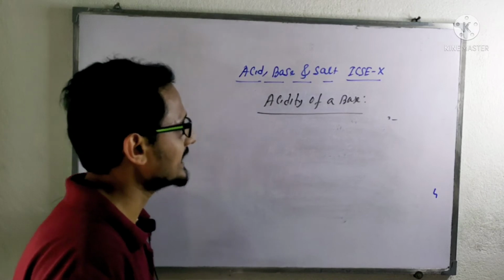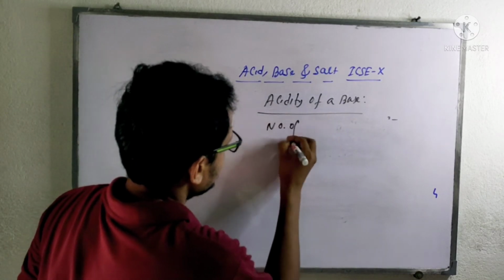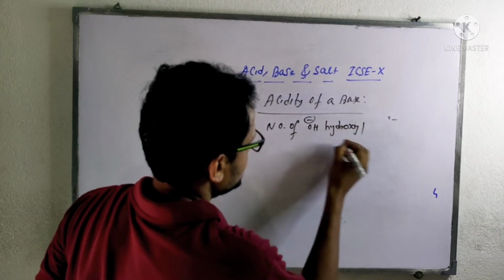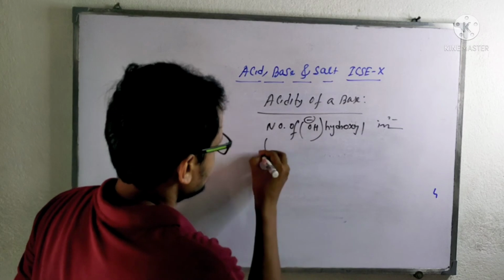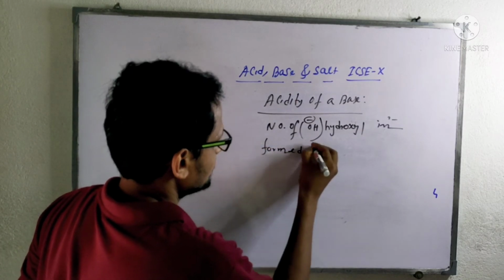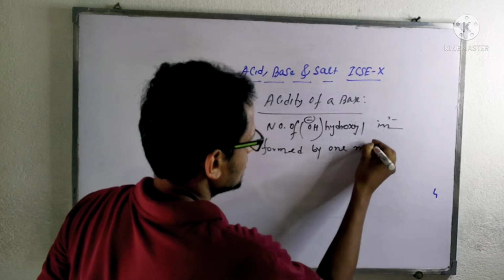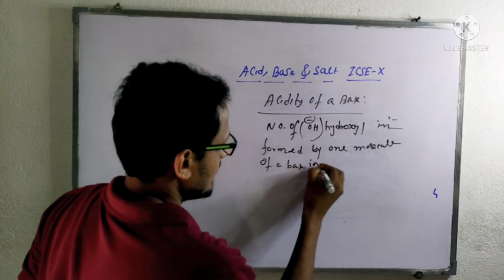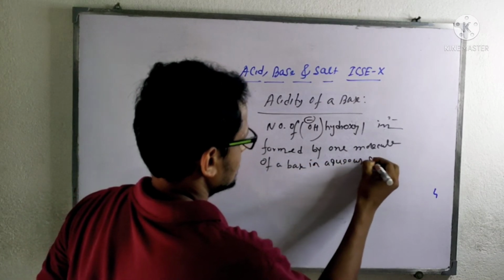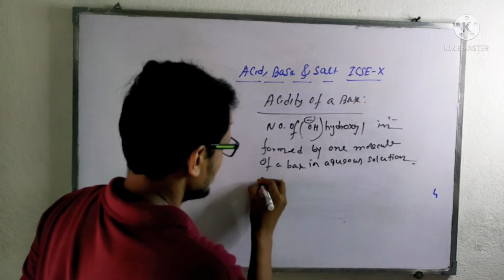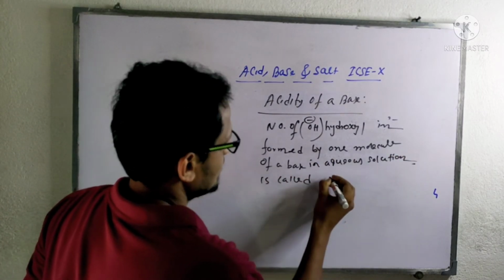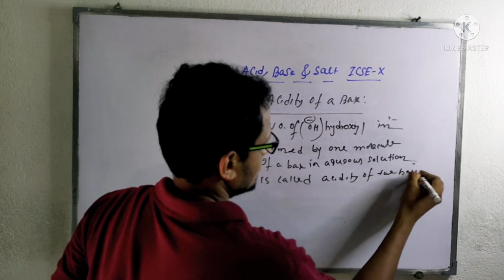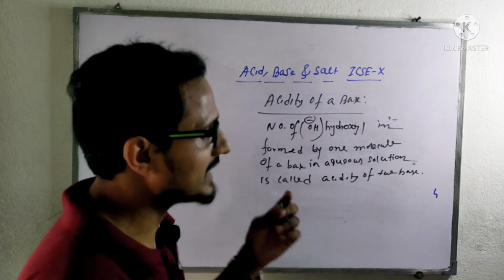So the number of OH minus, that means hydroxyl ions, released or formed by one molecule of a base in aqueous solution is called the acidity of the base. Okay, so we can classify like monoacidic, diacidic, triacidic.